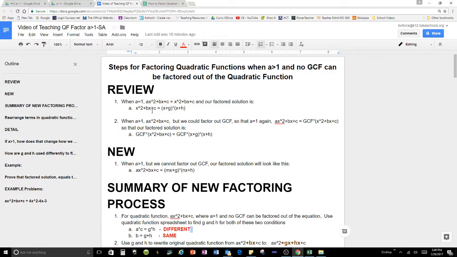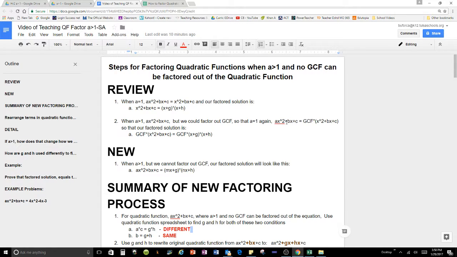Now, after we did this, we said, what about those quadratic functions when a is greater than 1, but we could factor out a greatest common factor so that a would, in effect, go back to 1.